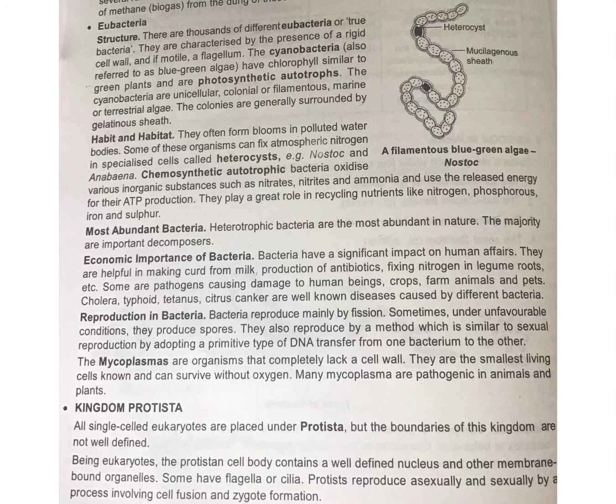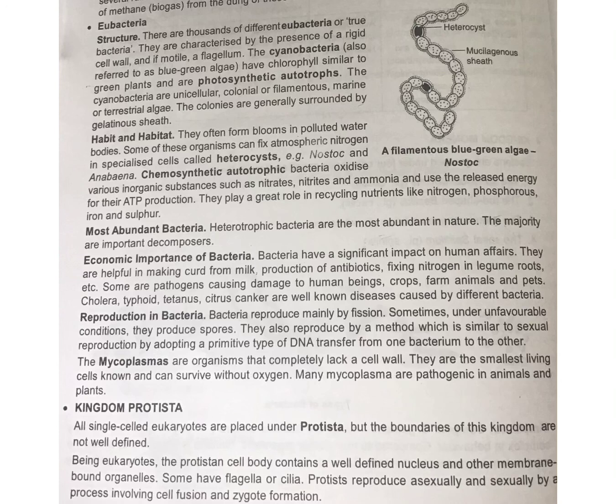They also play an important role in recycling nutrients like nitrogen, phosphorus, iron, and even sulfur. Students, when you learn in future about the nitrogen cycle and phosphorus cycle, you will come to know their use in a better way.